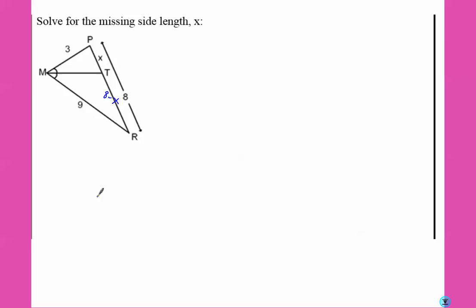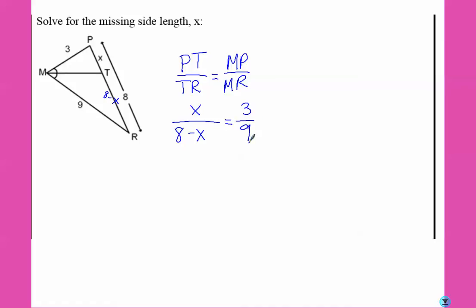Now we can set up our proportion. PT over TR is going to equal MP over MR. X over 8 minus x will equal 3 over 9.